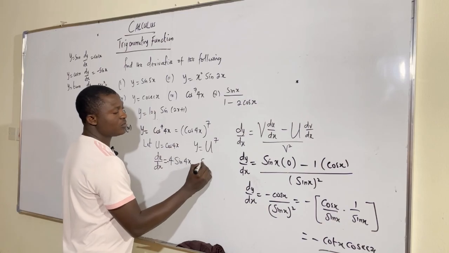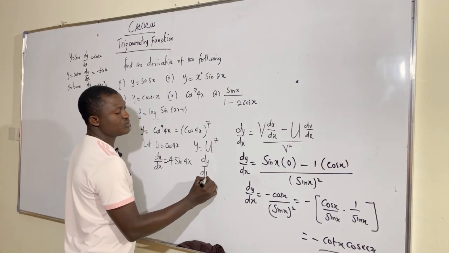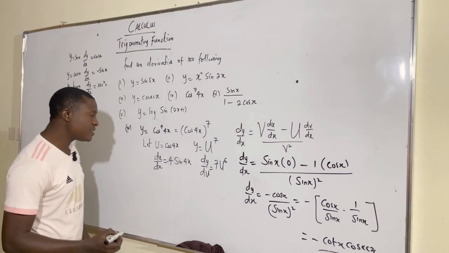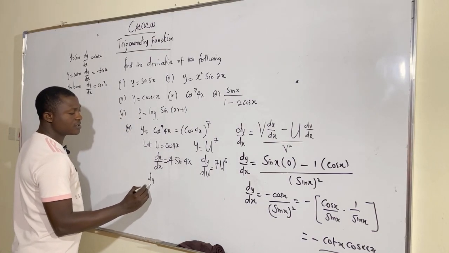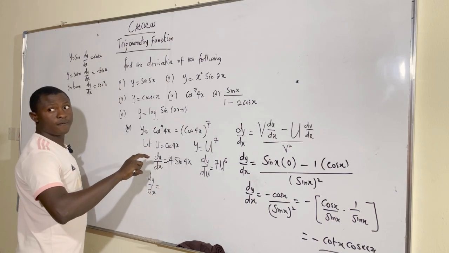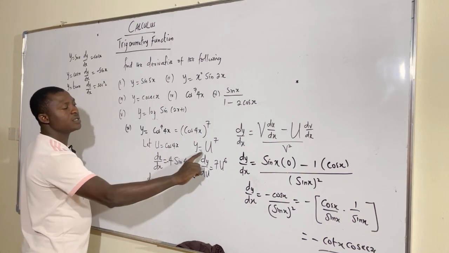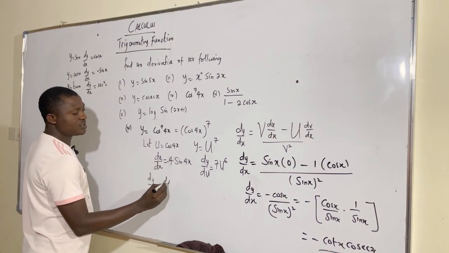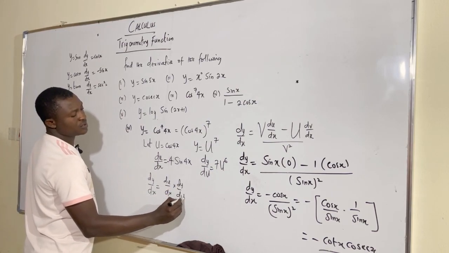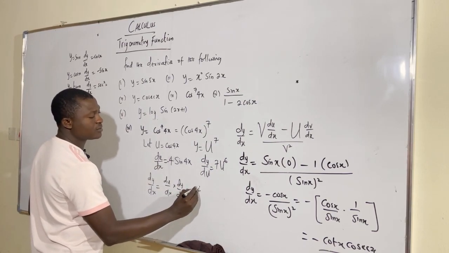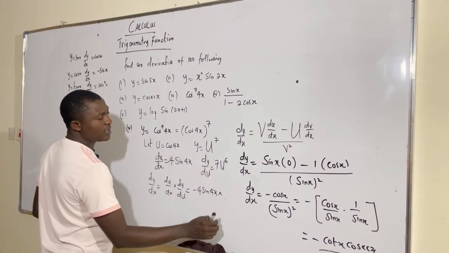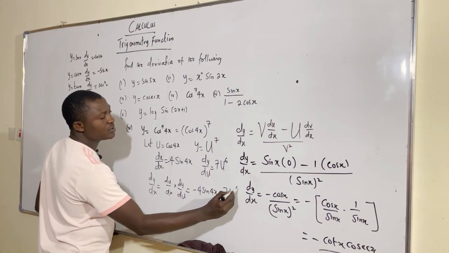So y and u, and we have dy du as usual. That's going to be 7 u raised to the power of 6. So therefore, apply the formula. dy dx is equal to, since we use function of function chain rule, the first one times the second one, which is du dx multiplied by dy du. So the first one we have here is minus 4 sine 4x multiplied by the second one we have, which is 7u raised to the power of 6.